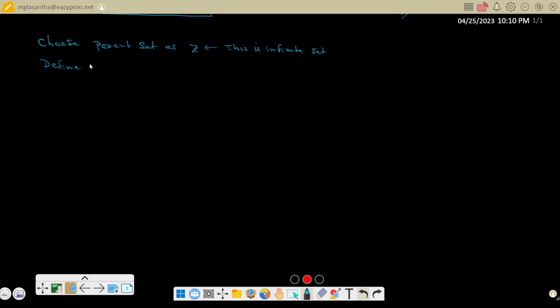Then define a relation capital R so that it is also an infinite set.